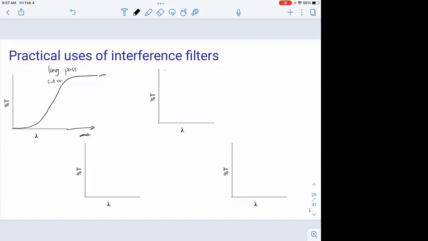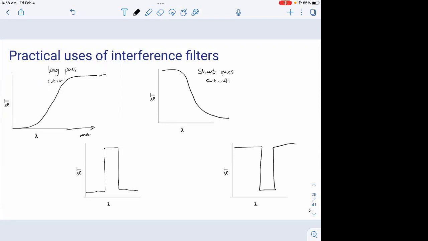You can think that there's probably an opposite of that, which we call a short pass or a cut off filter. Another example, a band pass, right? Where we have a really narrow specific band of light that will actually make it through that dichroic. And then the opposite of that is called a notch filter.